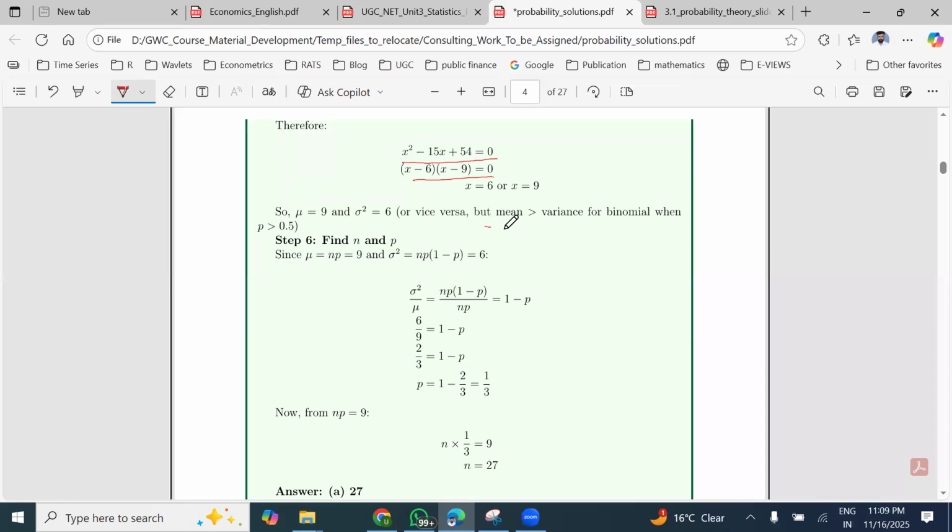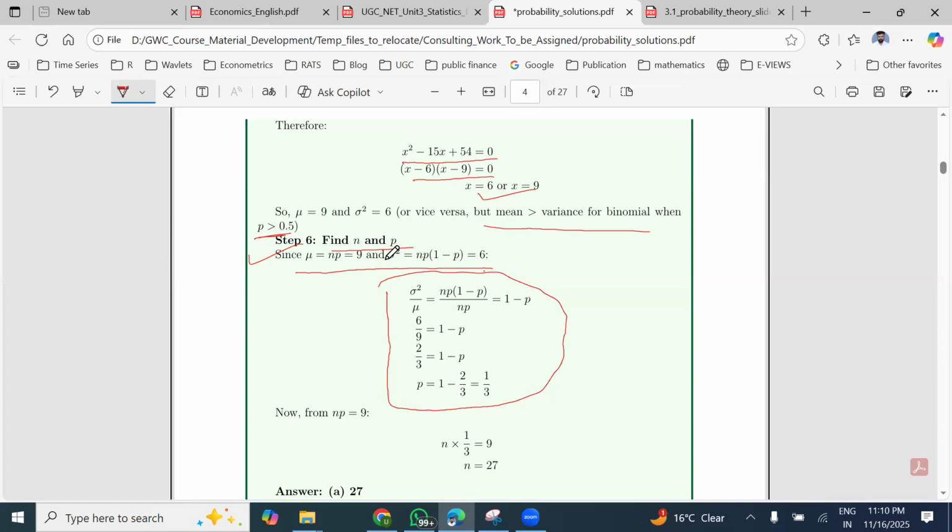But mean is greater than variance for binomial when p is less than 0.5... you have to remember this. Now the next step is to find n and p. We already know mu is 9 and sigma square is 6. So sigma square upon mu is equal to np into 1 minus p upon np, which is equal to 1 minus p.